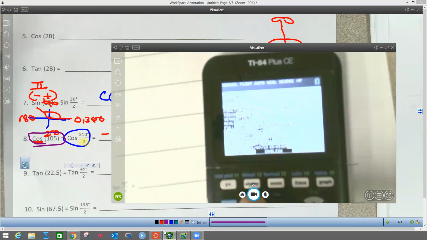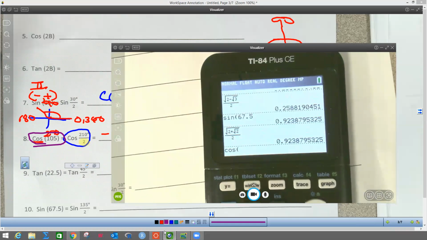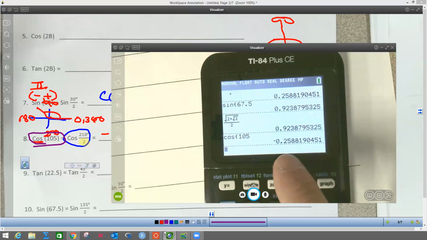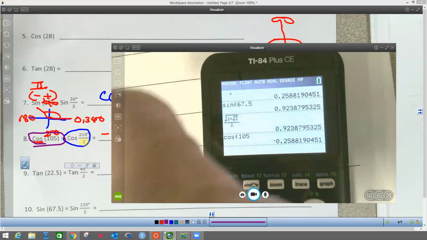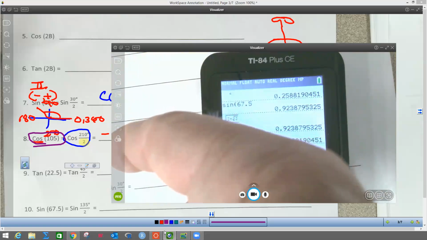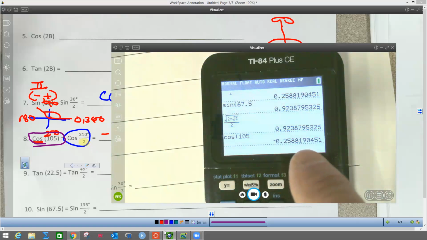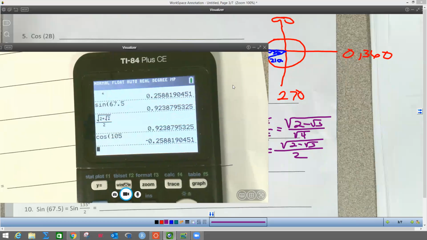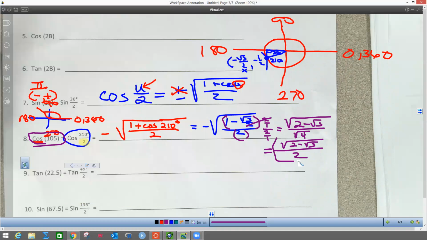So I'm going to hit second quit, and I'm going to do the cosine of 105 and hit enter. I hope you see that right there is the answer to that thing over there to the left of this picture, cosine 105. That's the rounded answer. Now, what I want to do is see if my answer gives me that same thing. So this thing right here should give me the exact same answer that that decimal does.